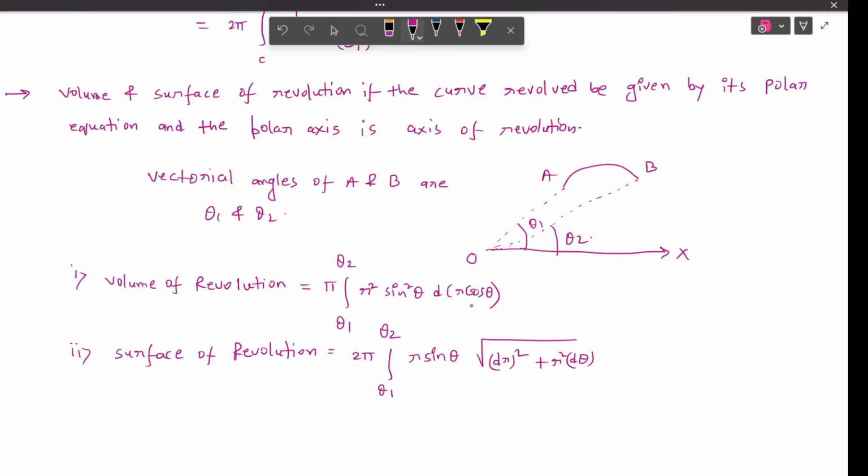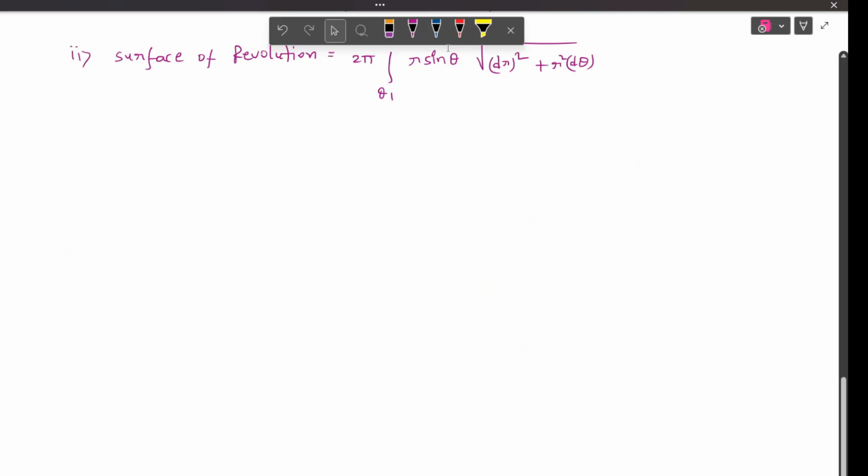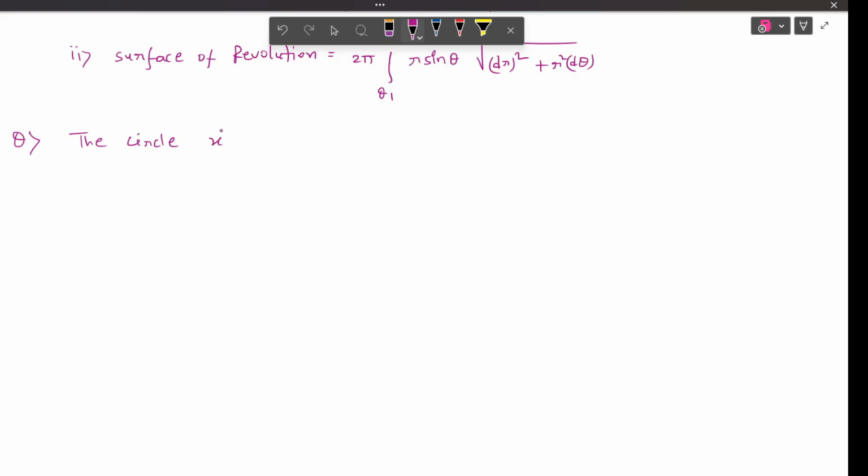Now let us see some examples. So our question is, the circle x square plus y square equals a square revolves about the x-axis.